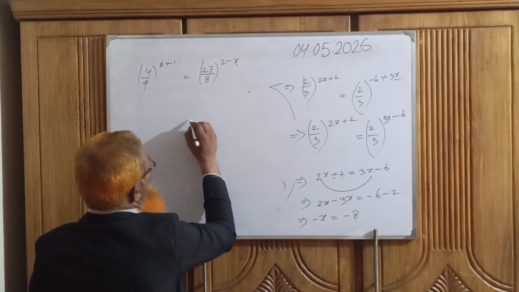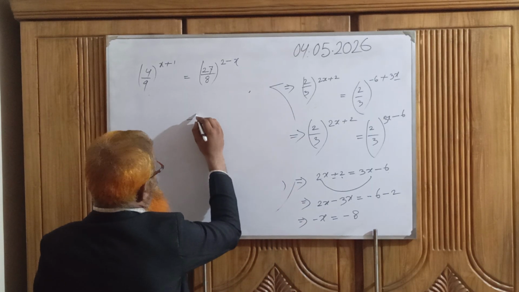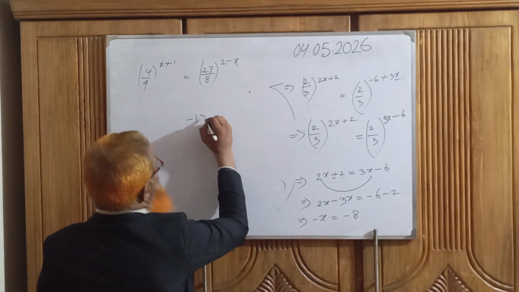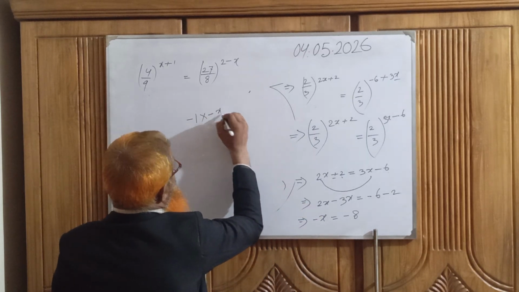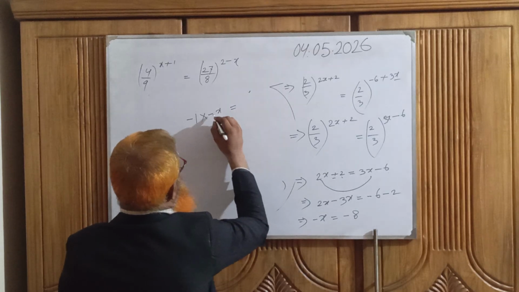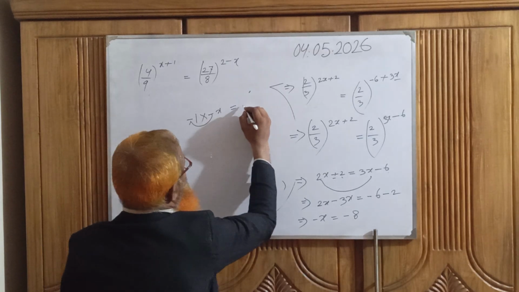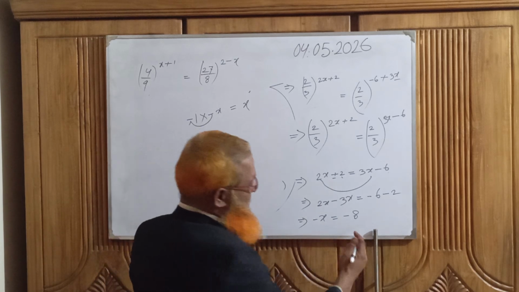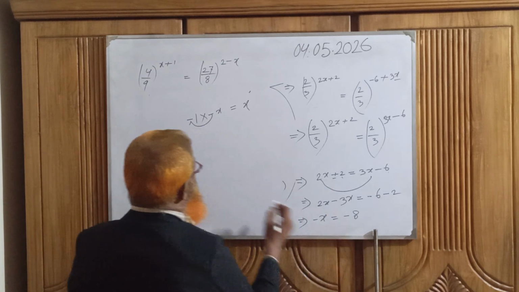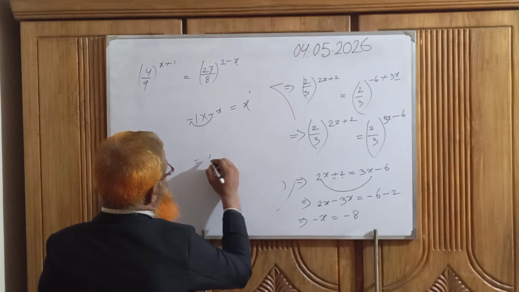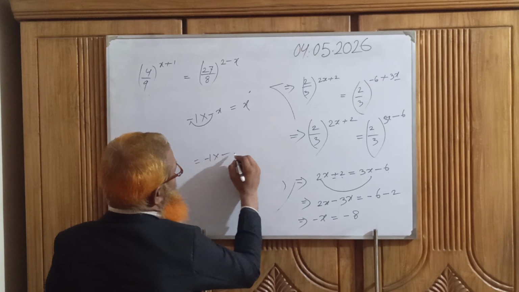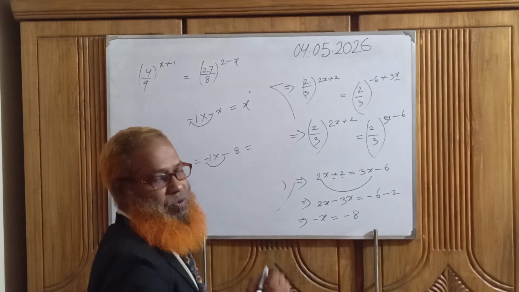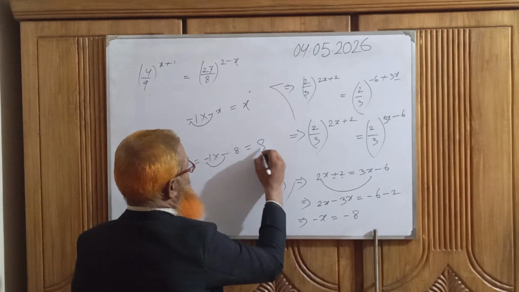If we multiply minus 1 with minus x, equal to minus and minus equal to plus x. In the same way, minus 8 equal to minus 1 multiply minus 8, equal to minus and minus equal to plus 8.